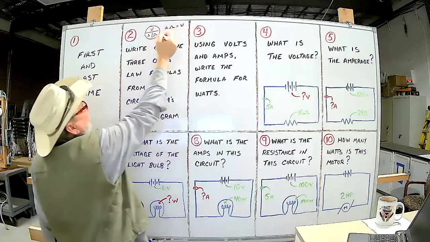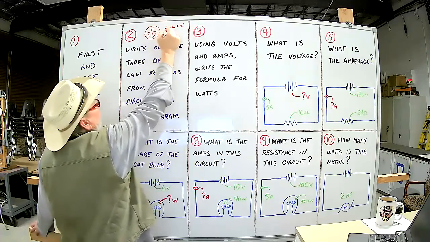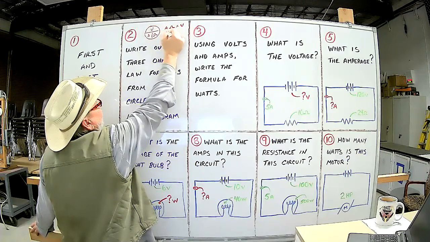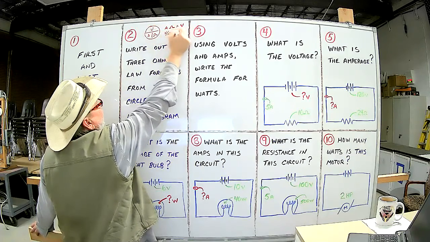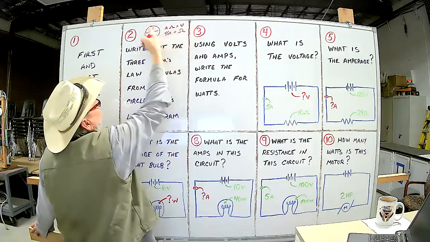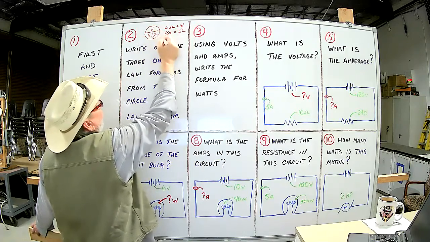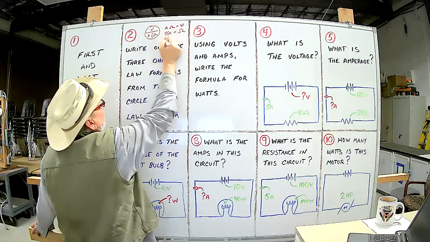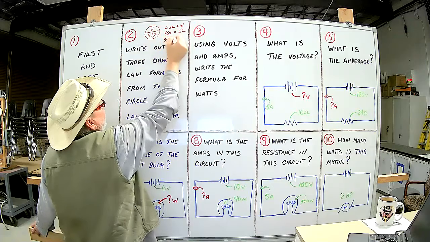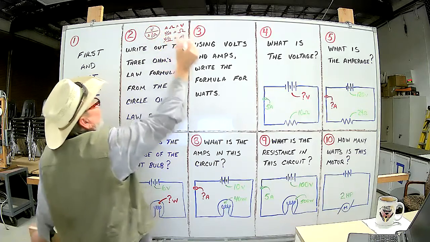And then you're going to have your volts divided by your amps, you're going to equal your ohms. And then you're going to have your volts divided by your ohms, you're going to equal your amps.